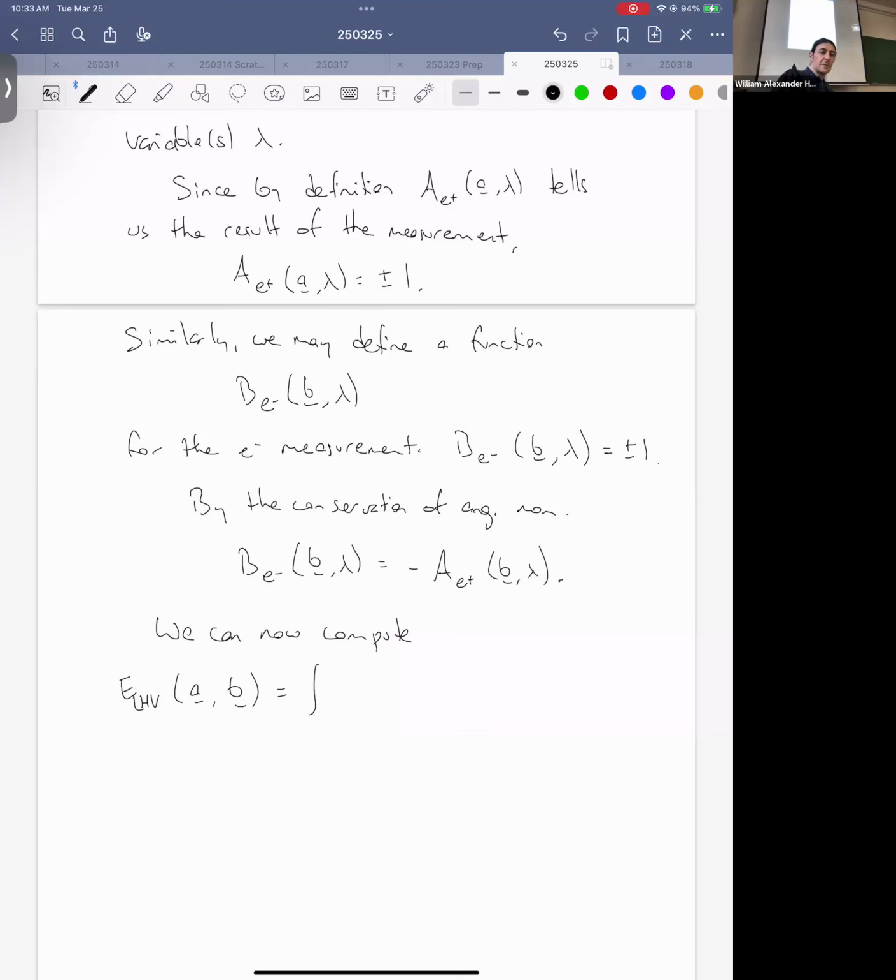And this is going to be some kind of an average over the A function and the B function over the hidden variable. And we're going to allow that there might be a probability distribution for those hidden variables. We just don't know it. They're hidden. But it exists. And so then we average the multiplication of these two functions.